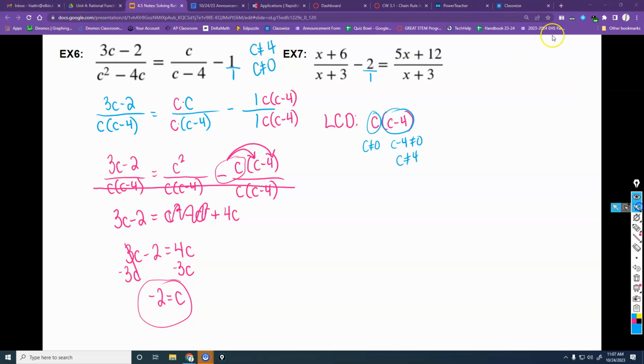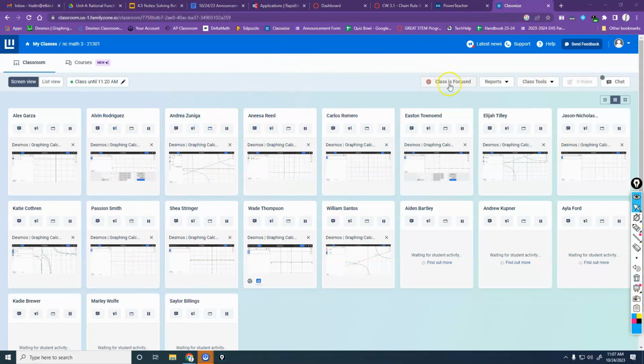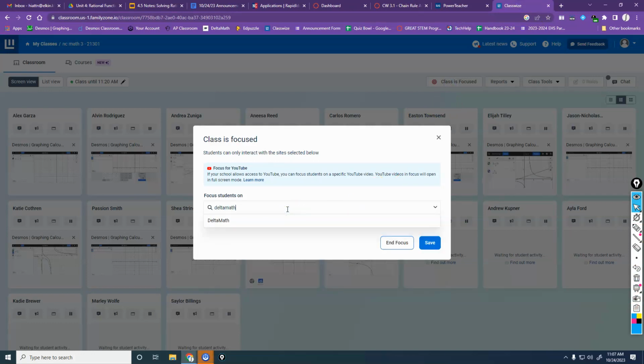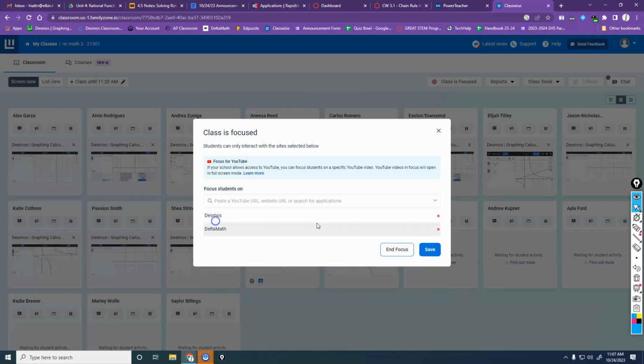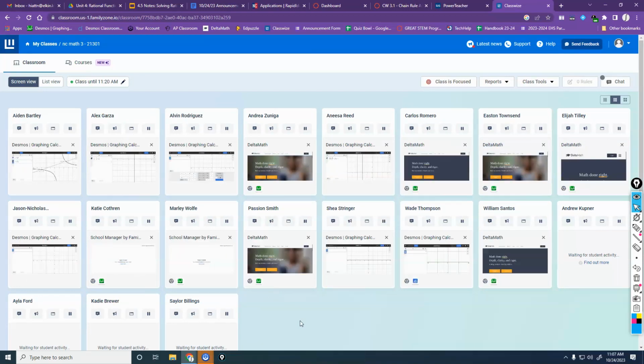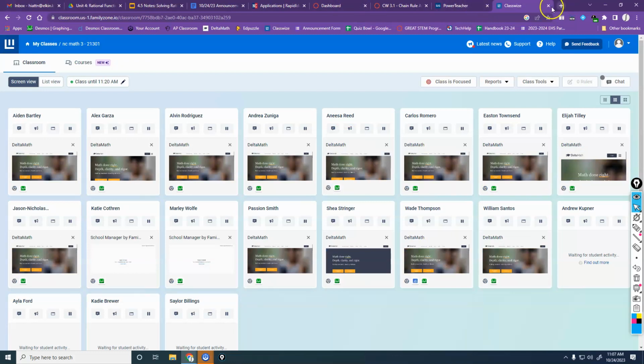I'm going to add Delta Math to your class-wise, so you should be able to get to Delta Math also, I believe. Okay, it should let you go to Delta Math also now. Okay, there's an assignment there. Let me look at my Delta Math.